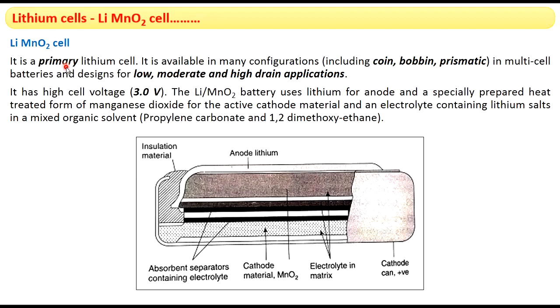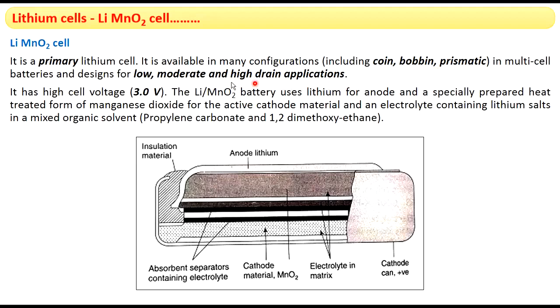This is available in many configurations. The lithium MnO2 cell is available in coin form, and bobbin shaped lithium MnO2 cell is available. Then prism shaped lithium MnO2 battery is also available, in different variants and for different applications.